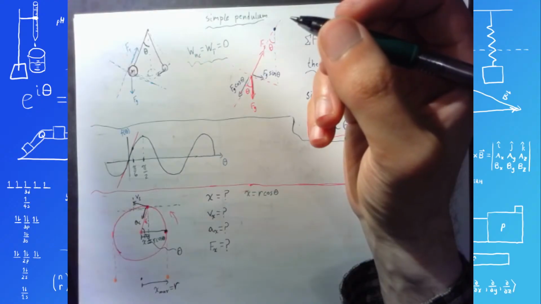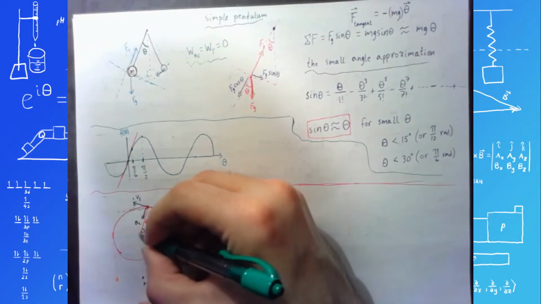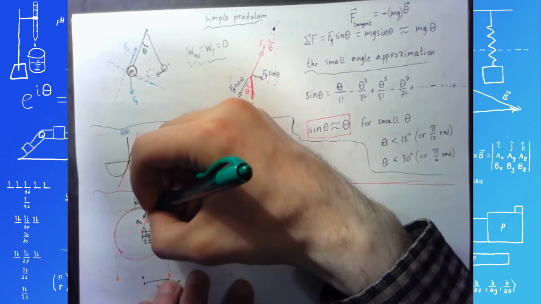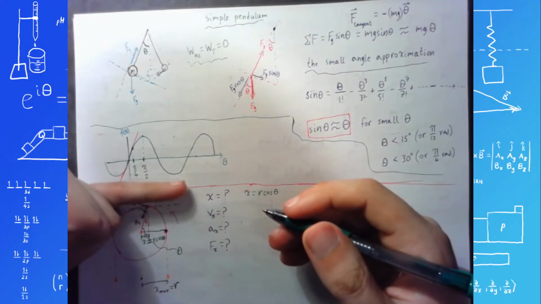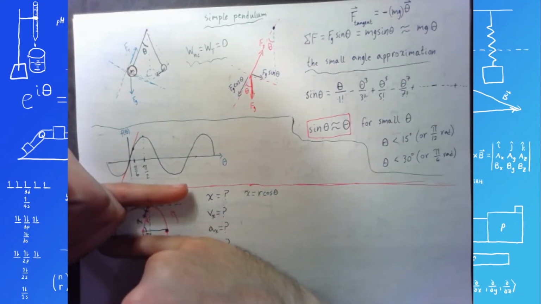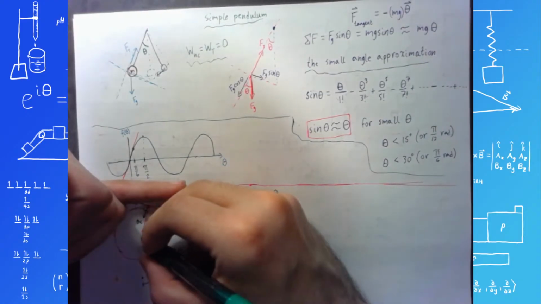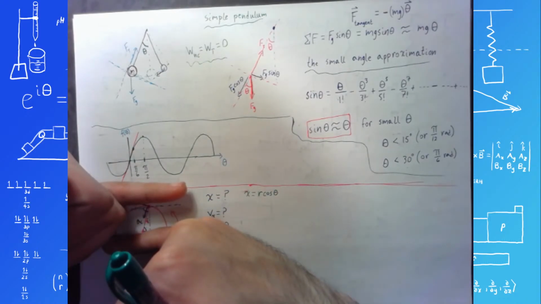So if that's theta, then this angle over here also has to be theta because you've got two horizontal lines, and then you've got this one line, the radius, intersecting both of those parallel horizontal lines.